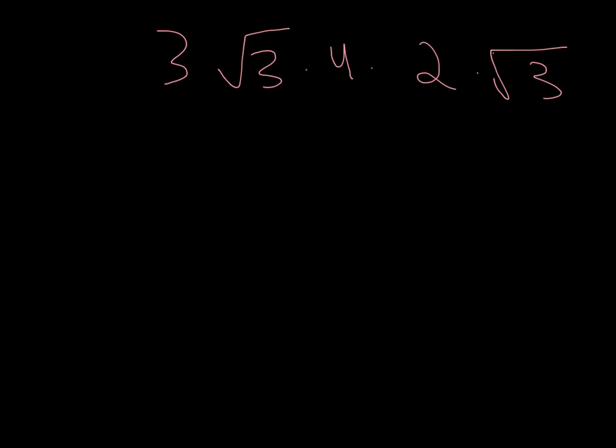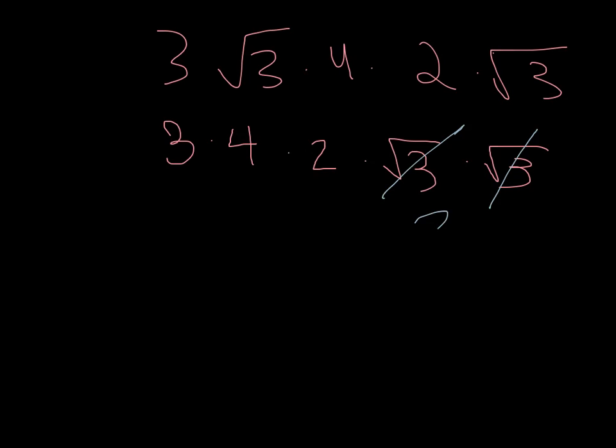So let's rearrange this. We get 3 times 4 times 2 times the square root of 3 times the square root of 3. We know that the square root of 3 times the square root of 3 is 3, so we can just cancel that out and write 3.